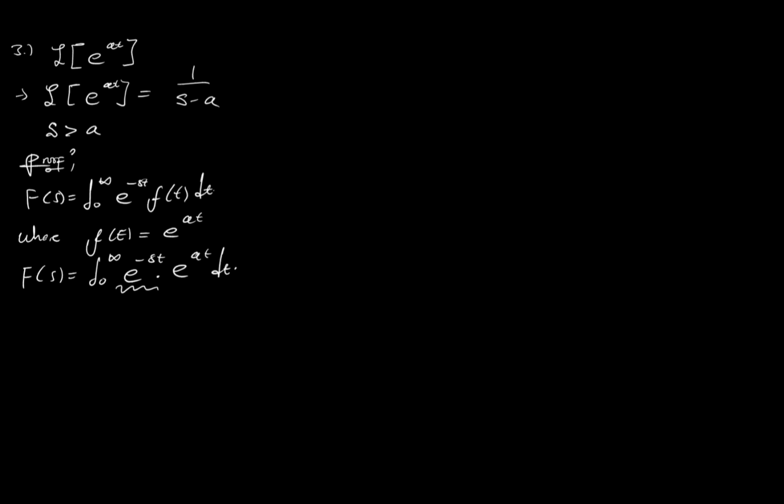By applying the property of indices here, we have the s domain being equal to the integral from 0 to infinity of e to the minus st plus at dt. Applying some algebra on the power here, we'll have the integral from 0 to infinity of e to the minus, pulling out the negative, st minus at, then dt.